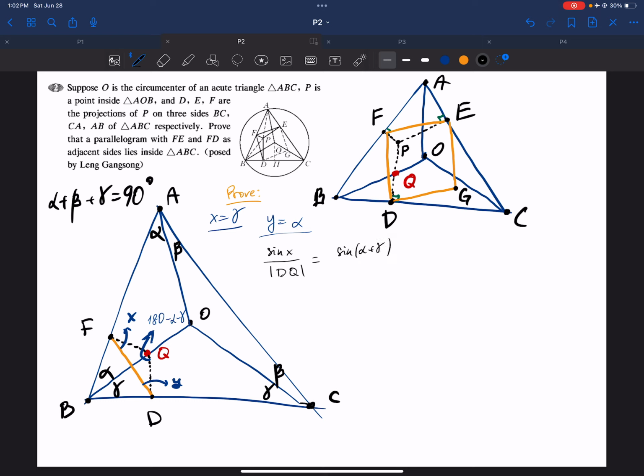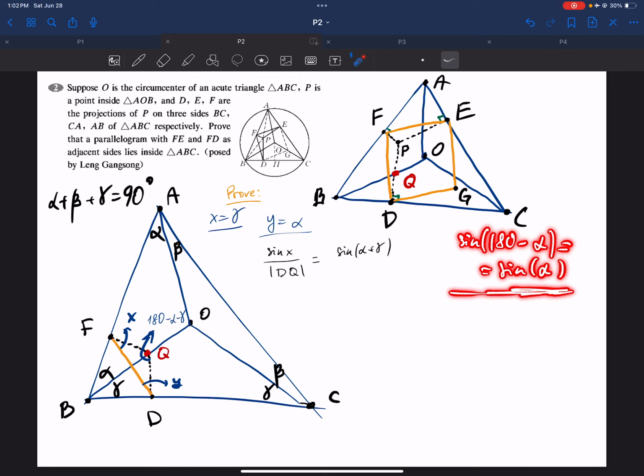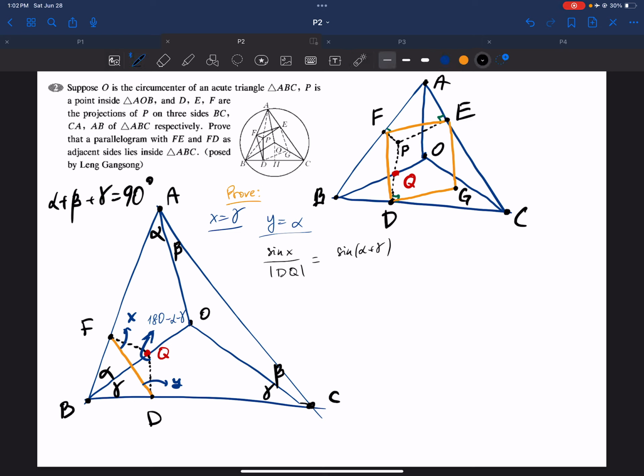All right, because remember that sine 180 minus alpha is the same as sine alpha. So I'm just using this property. So this divided by the length of FD.